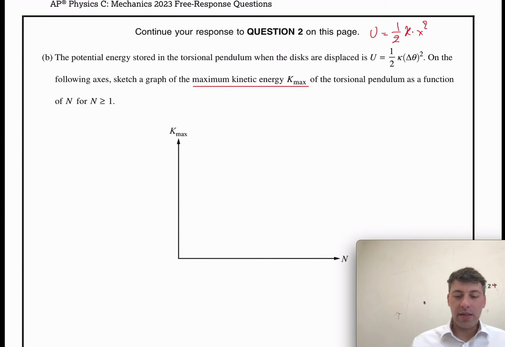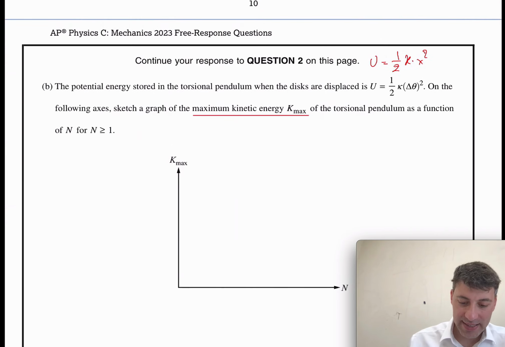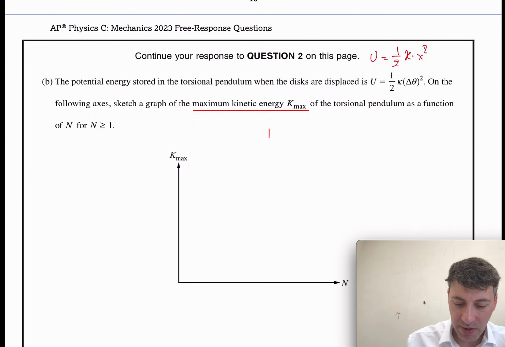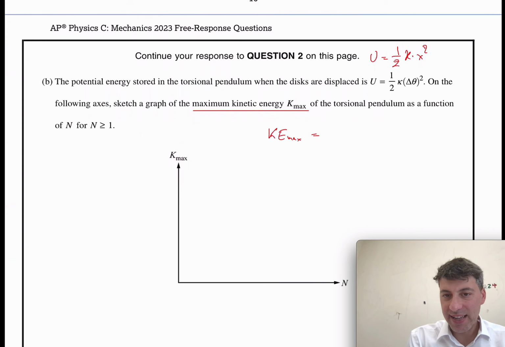All right, now the kinetic energy and the potential energy, we know that they are changing. However, in this case, the maximum kinetic energy and the maximum potential energy are equal to the total energy. The maximum kinetic energy happens when the potential energy is zero.